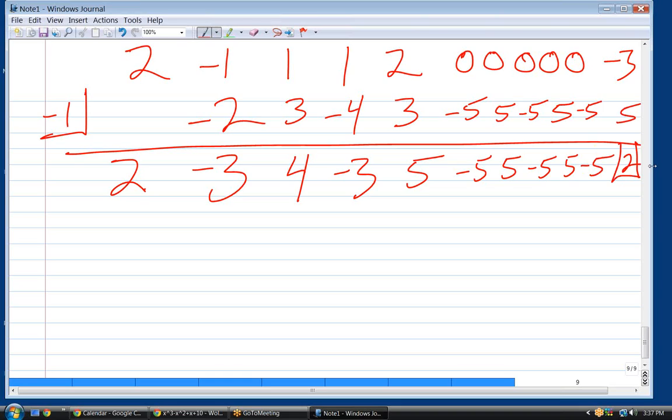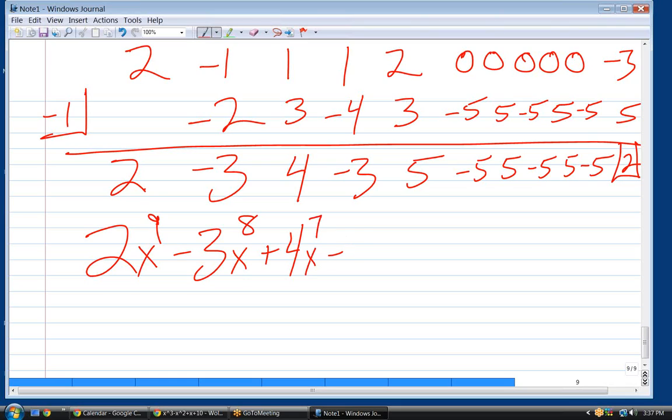Okay. Well, it still shows us that we can do it. And the answer would be, oddly enough, 2x to the 9th minus 3x to the 8th. In other words, the answer has every degree, and that's quite common.